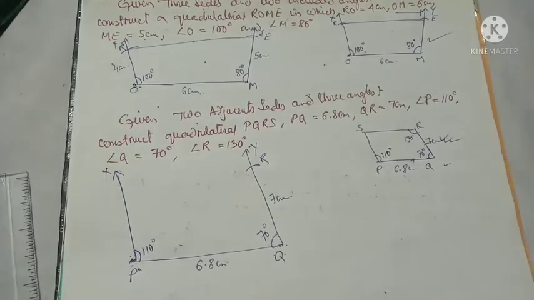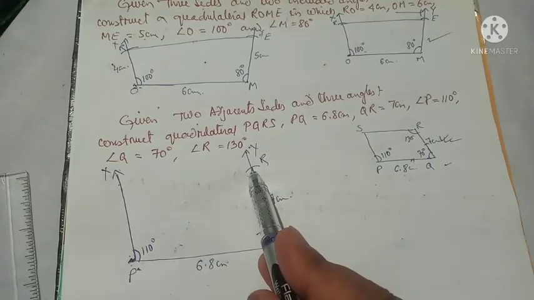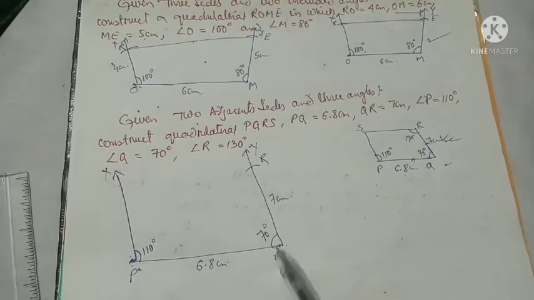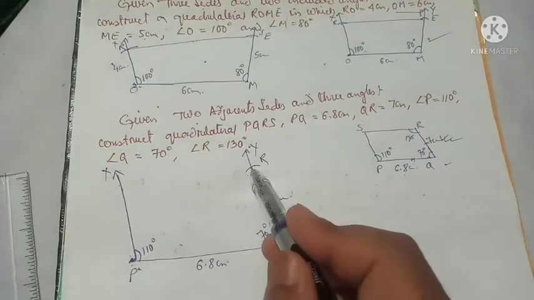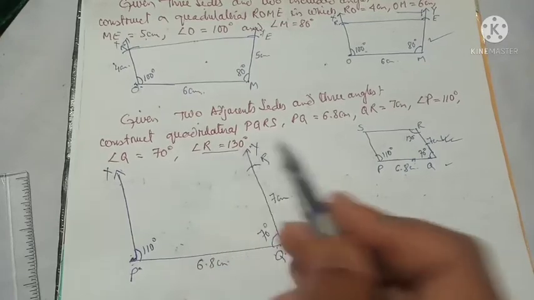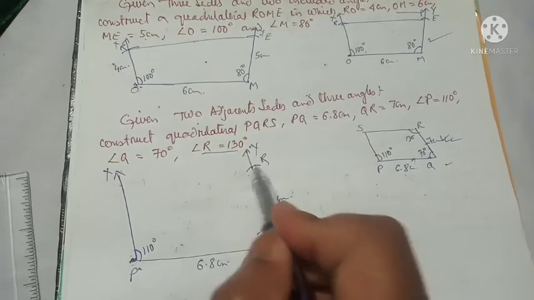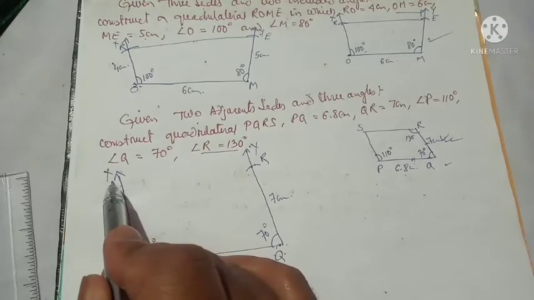Next, at R we construct angle QRZ of 130 degree. From R as a point, we need to construct one angle that is 130 degree. So with the help of the protractor, with R as the center, we draw an angle here.